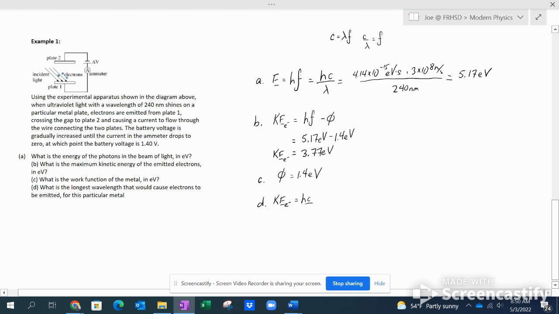So I'm going to rewrite the energy of the photon as hc divided by lambda, because ultimately I will need lambda. And because we're looking for the ones that just make it off plate 1, the kinetic energy is going to approach 0.